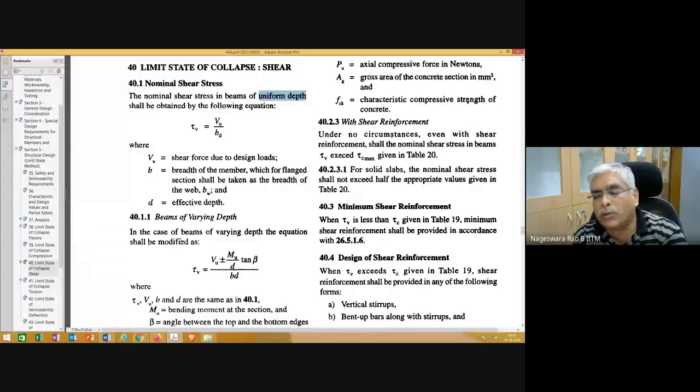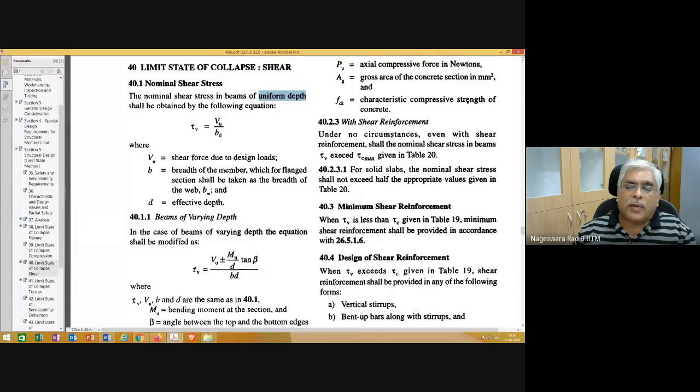Section modulus depends on the shape of the section, whether it's a rectangle, triangle, circle, or whatever shape. For a rectangular section, section modulus is given by b d squared divided by 6. Just go back to your mechanics of materials and revise it.